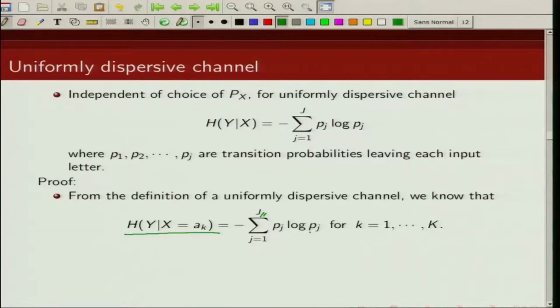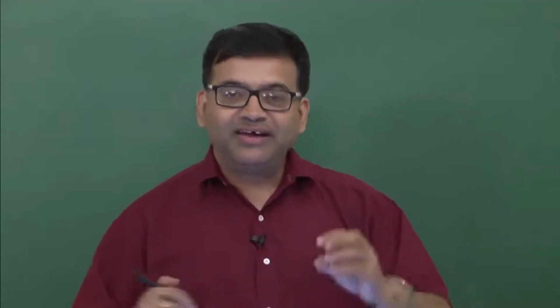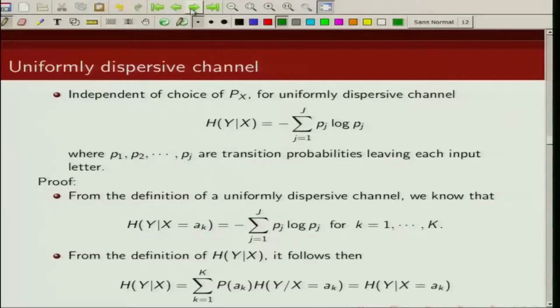Now we know that these transitions p1, p2, p3, pj, when they are arranged in descending order, are same no matter what input you consider. So from the definition of conditional entropy of y given x, we can write this as this.